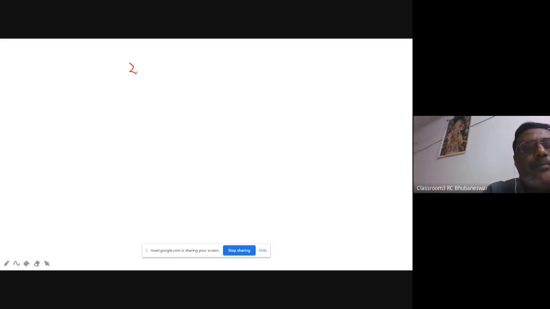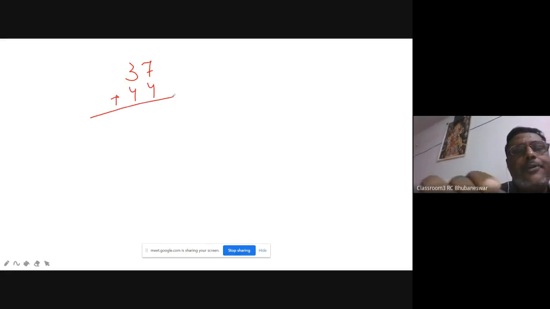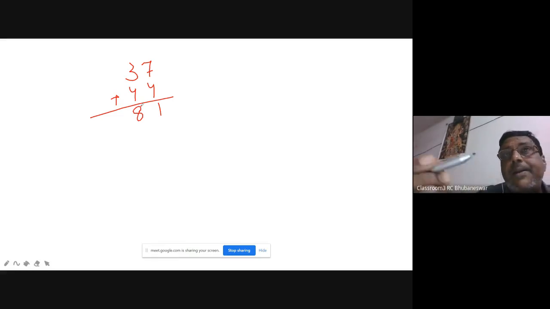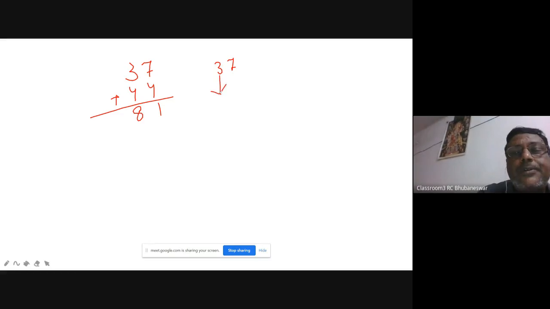Okay, what happens in BCD arithmetic? Suppose you want to add a number like 37 plus 44. What is the value? 7 plus 4 is 11, we write 1 and carry 1. Then 4 plus 3 is 7, plus 1 is 8. So 81. But whenever you add in a calculator, 37 will be converted to 0011, and 7 is 0111.